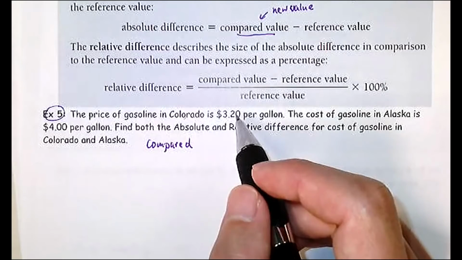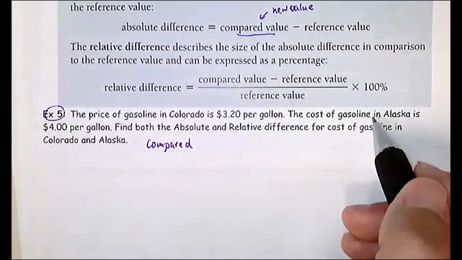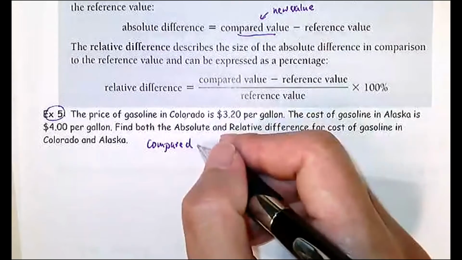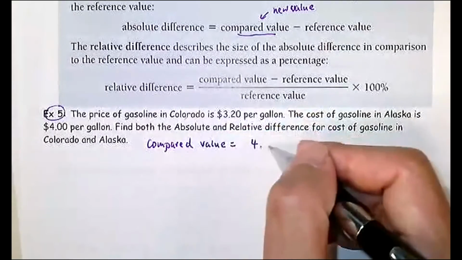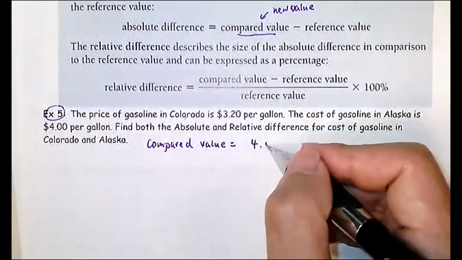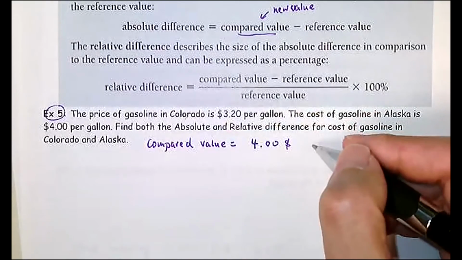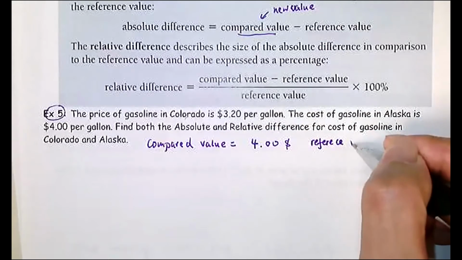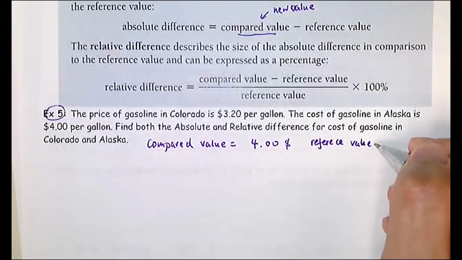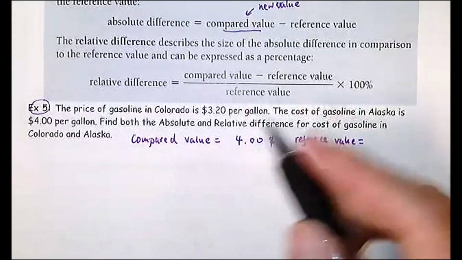So we choose Colorado as our reference value. Our comparative value is the value in Alaska, so it's $4. Reference value is the price in Colorado, which is 3.2.